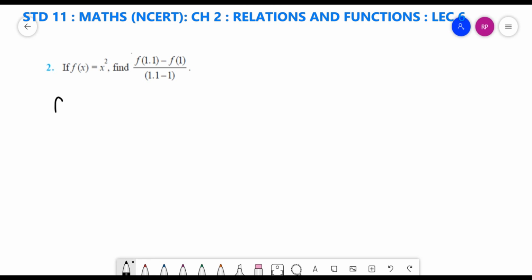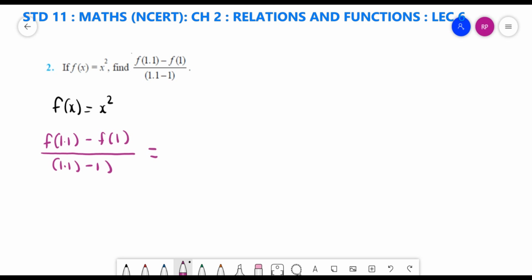It is clearly given f(x) = x², and you have to find (f(1.1) − f(1)) / (1.1 − 1). Now f(x) is x², that means f(1.1) will be 1.1 squared, and f(1) is 1 squared.